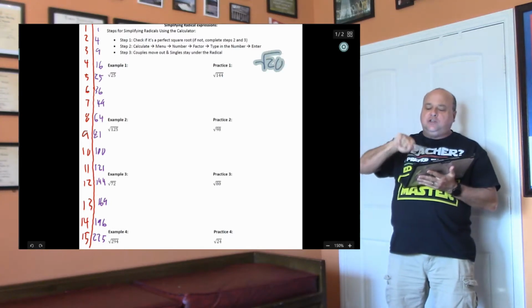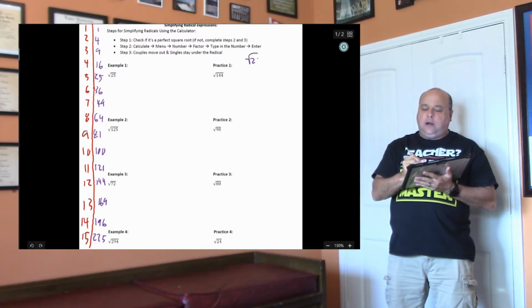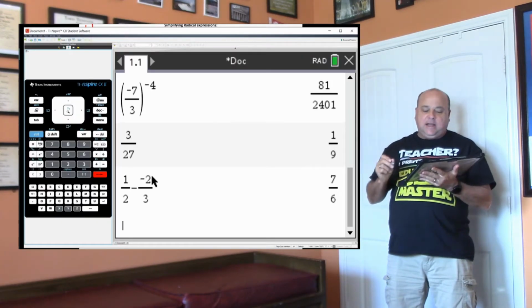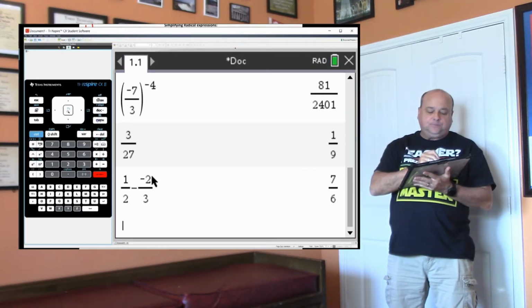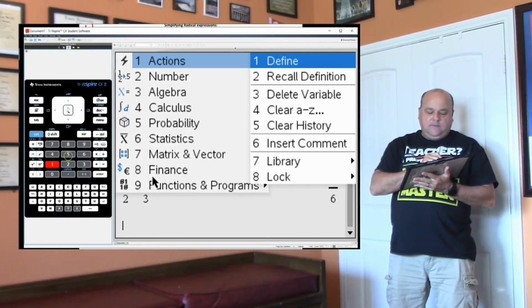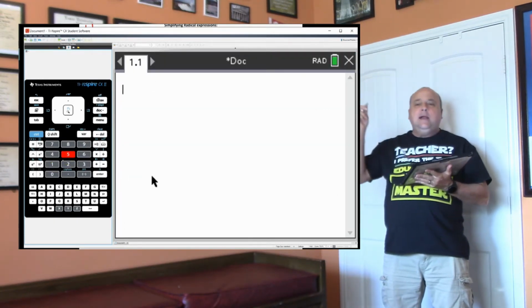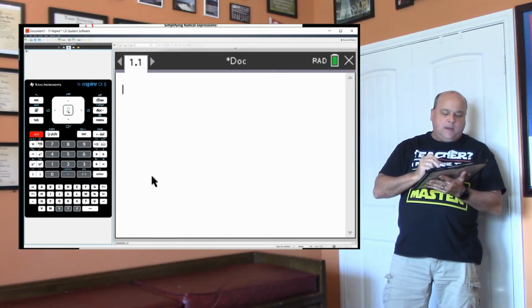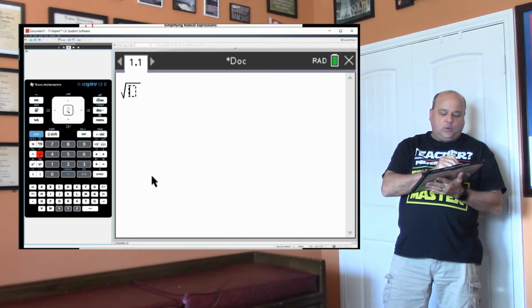If you punch the square root of 20 in your calculator, y'all write this to the right: the square root of 20. Let's punch that in the calculator so you know how to do this. I'm going to clear my calculator real quick. Menu 1, 5. Now then, to get a square root in your calculator, you have to hit the control button and then the x squared button.